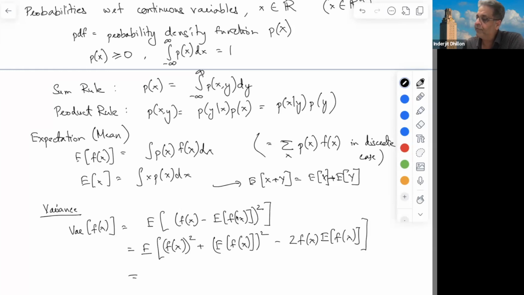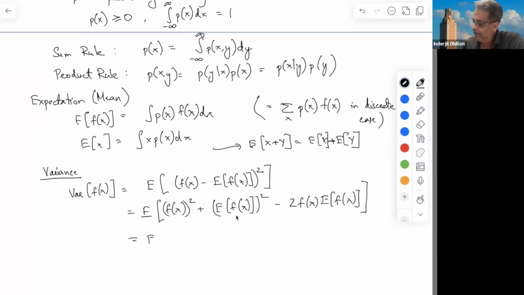Okay, and remember, since expectation is linear, I have the expectation of f of x square, plus the expectation of the squared mean. I'm just expanding out things. Okay, I could probably go quicker, but I just want to show all the steps. Minus 2 times the expectation of f of x times the expectation of f of x.